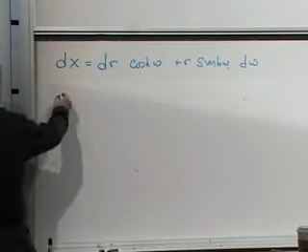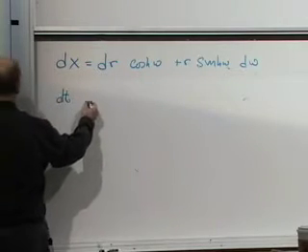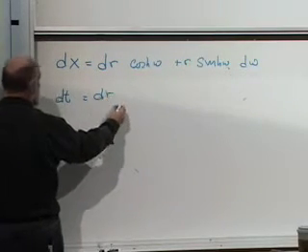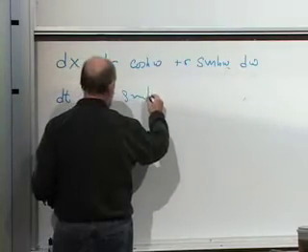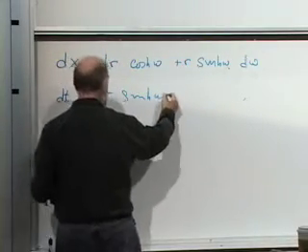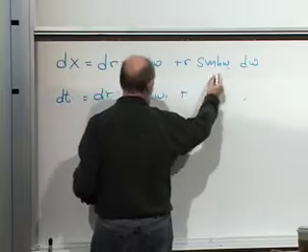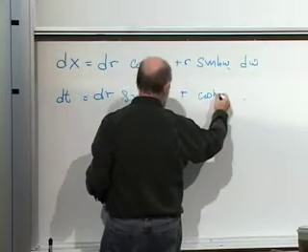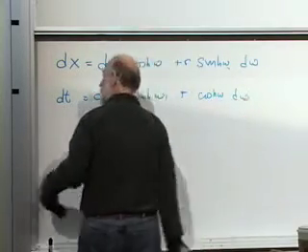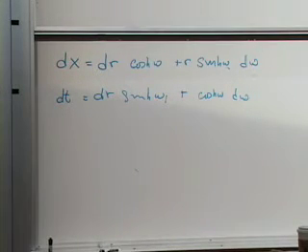What about dt? dt is equal to dr sinh omega plus r cosh omega d omega. I've used the fact that the differential of sinh omega is cosh omega.